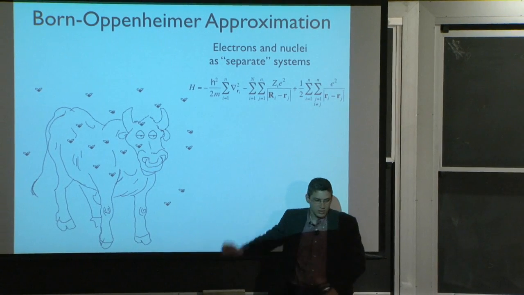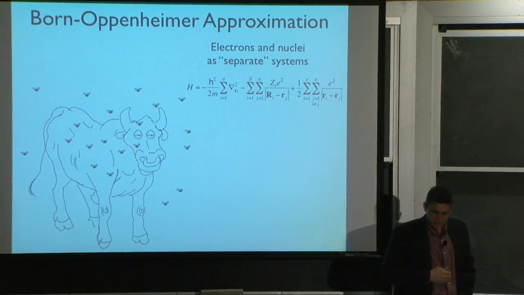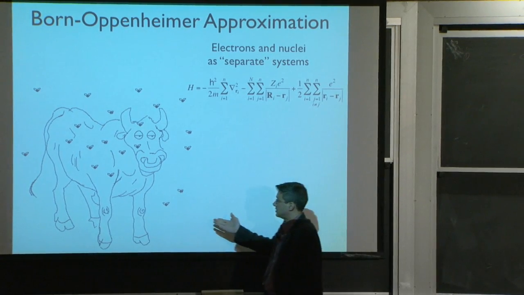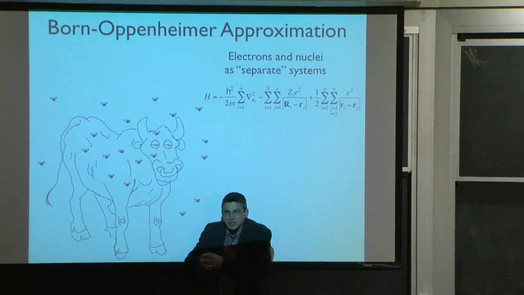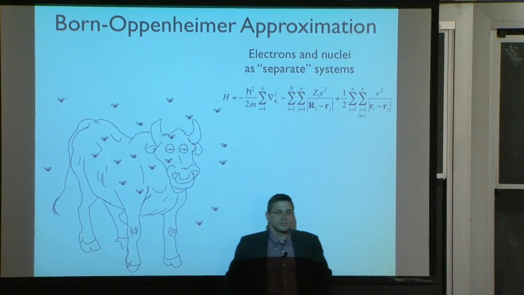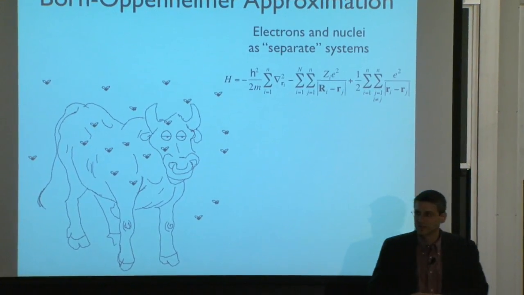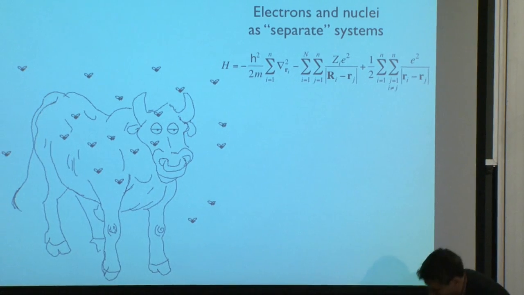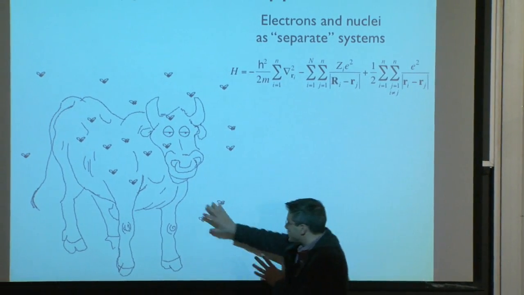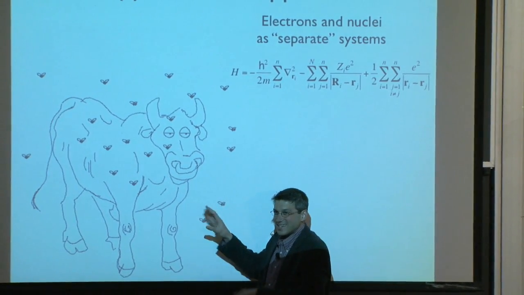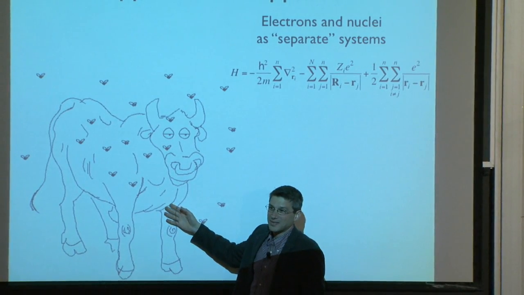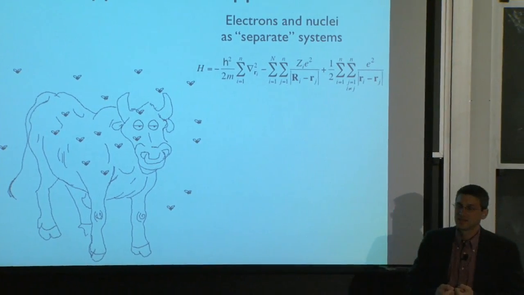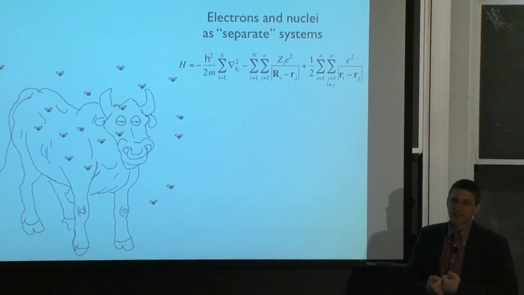Now, this is another cartoon that just shows that the electrons are the flies, and the protons, the nucleus, are these cows, and they move really slow. These guys are going really fast. This guy's kind of slow, right? And that's really the point. Electrons are fast and light, and so it's a good approximation.